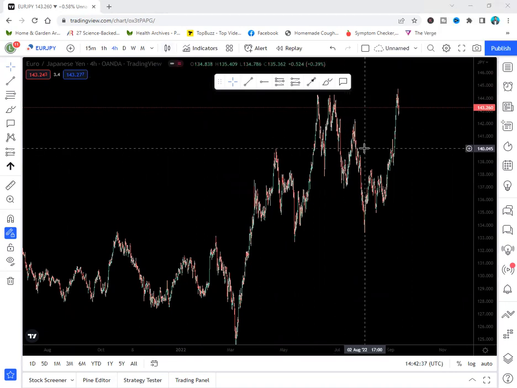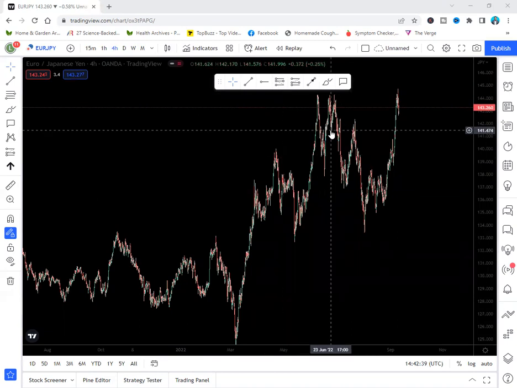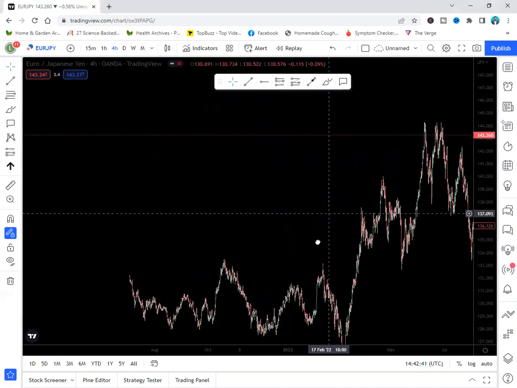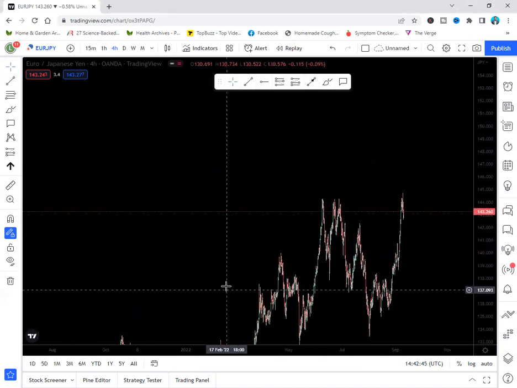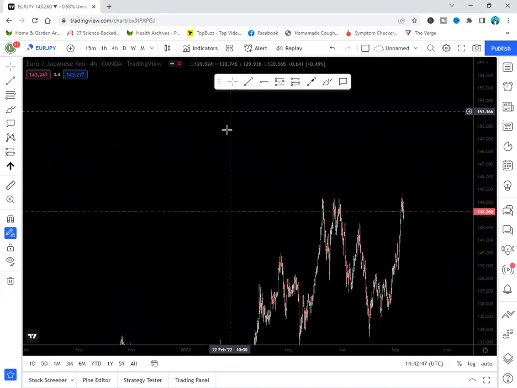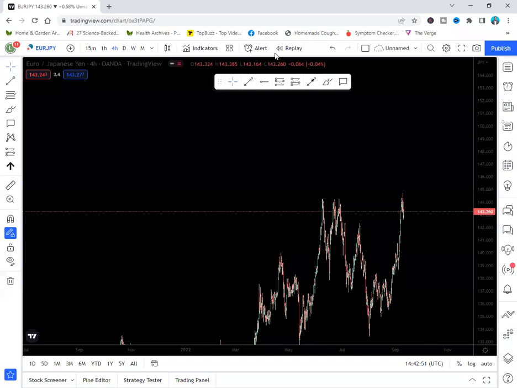Now, when it comes to trading the naked chart as it stands now, or as you see it on the chart, you need to understand the basics. And the very first thing you need to look at is what we call the nature of the market.